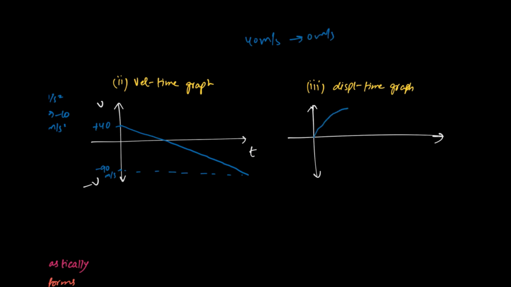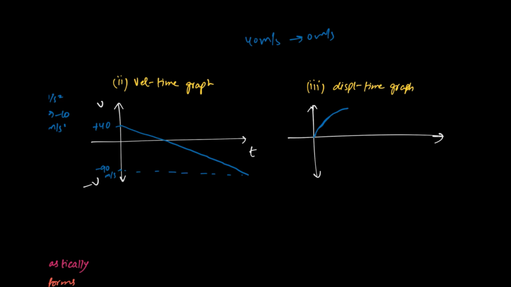And you would all agree, because here the gradient goes from steeper to horizontal, which means the value of the gradient would be 0, and hence our velocity will also be 0.